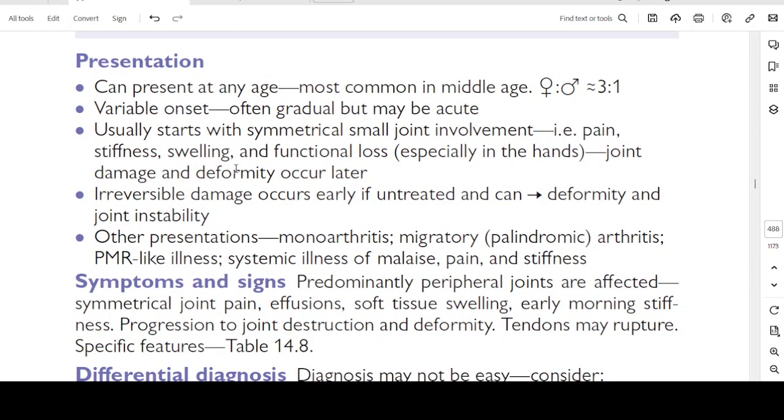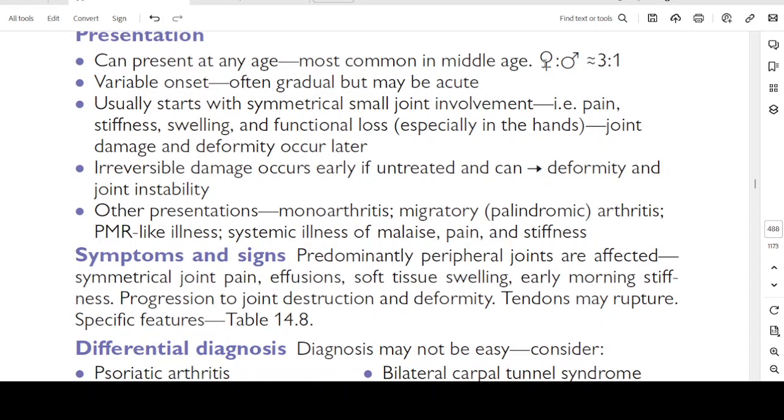Presentation can be at any age, most common in middle age. Female to male ratio is 3:1. Onset is variable, often gradual, may be acute. It usually starts with symmetrical small joint involvement, that is pain, stiffness and swelling and functional loss, especially in the hands. Joint damage and deformity occur later.